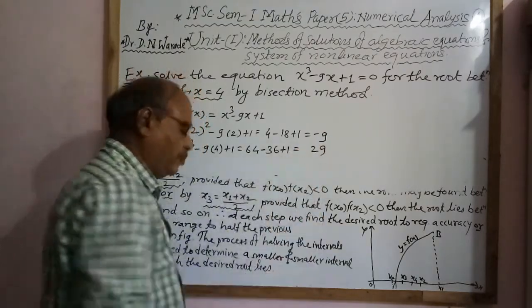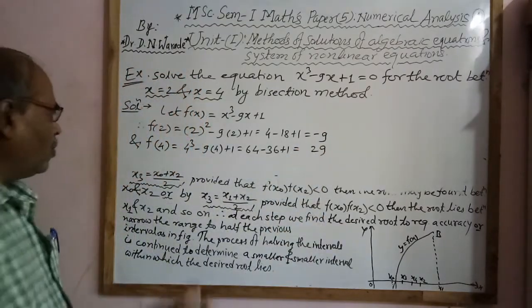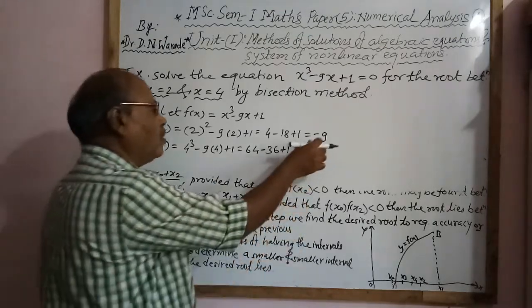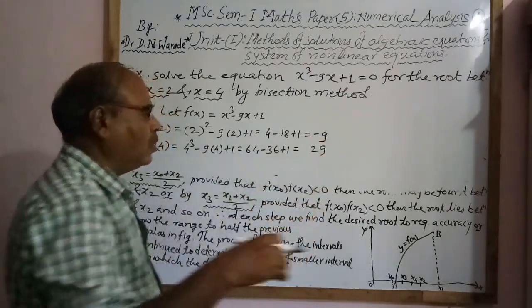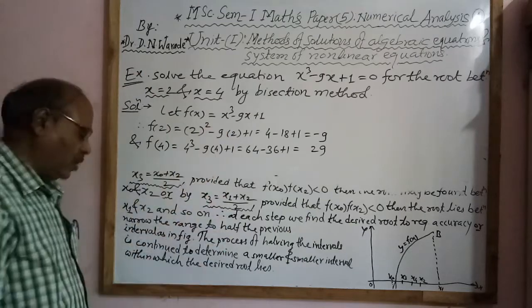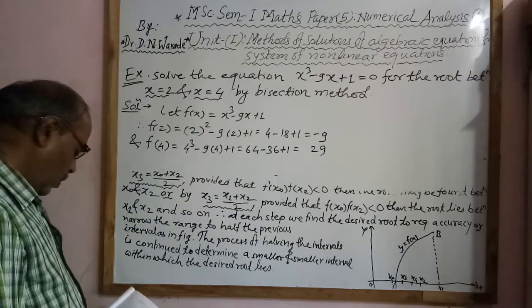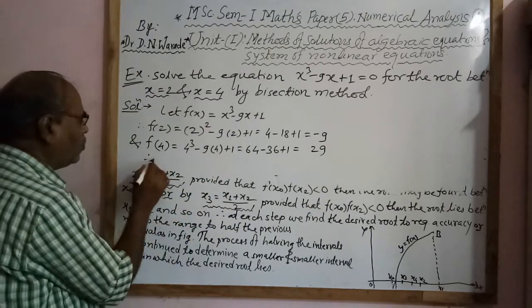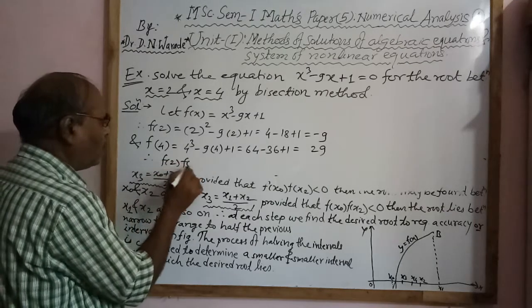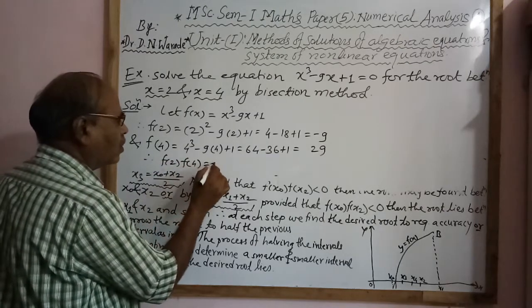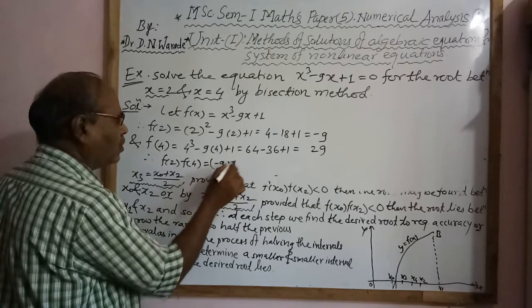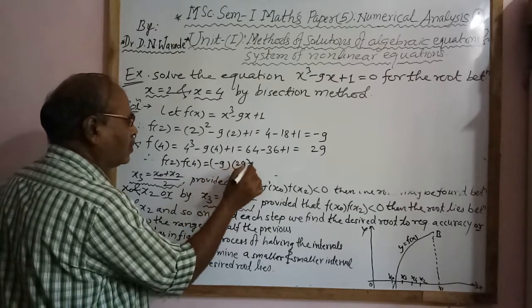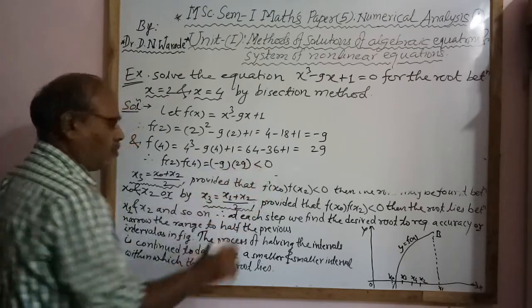This is a positive value. One of the numbers is negative and this is positive, therefore the product of these two is negative. Therefore, f of 2 into f of 4, that is minus 9 into 29, the product is less than 0.